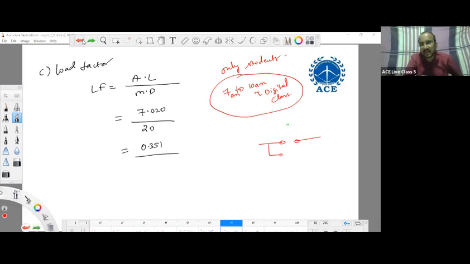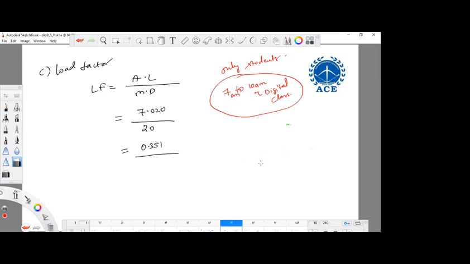Spark gap means two electrodes separated by a distance, so that whenever a specific voltage is applied between those two contacts, it will conduct. And whenever the voltage decreases below that point, automatically the gap gets disconnected. Okay, sir. Thank you.